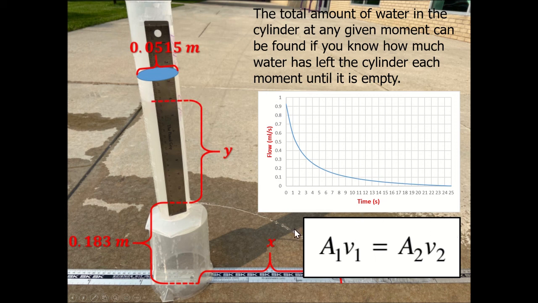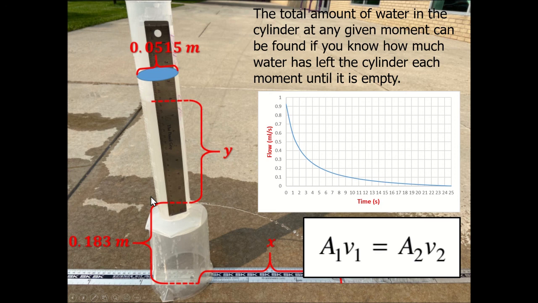They'll have the same flow. But the total amount of water in the cylinder at any moment can be found if you know how much water leaves the cylinder each moment until it's empty. So we can calculate how much water is in there.